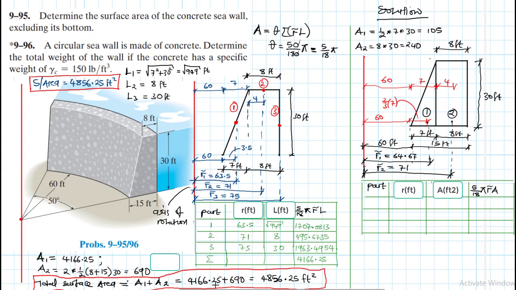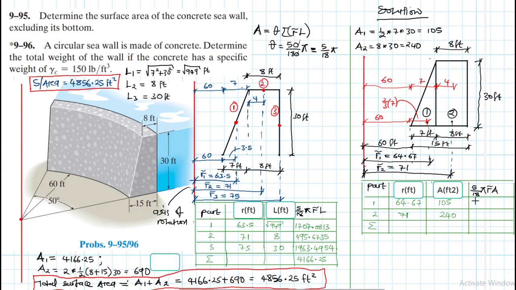What do we have? We have volume. So part 1, 2, then summation. For part 1 the centroid position is 64.67, and for part 2 it is 71, and then for the area, area 1 is 105, area 2 is 240, right?